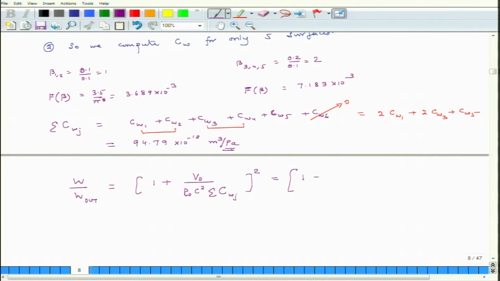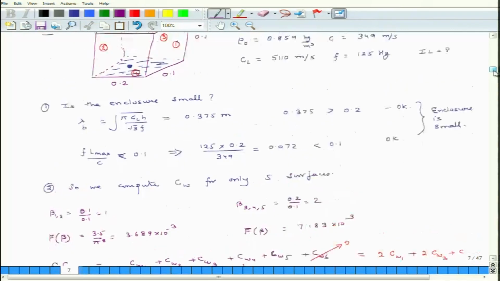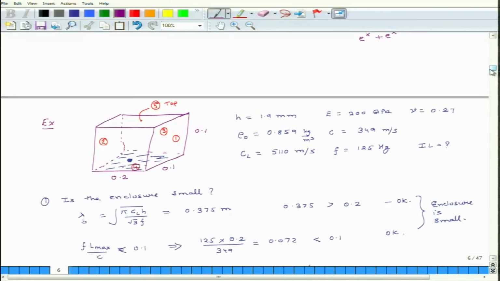So, this is equal to 1 plus V naught. What is the volume of the thing? Oh, this is something I forgot to mention. The volume may not be the same as the multiple of 0.1 times 0.1 times 0.2. Why would that be the case? Because some volume will also be occupied by the machine, and this is a small enclosure.